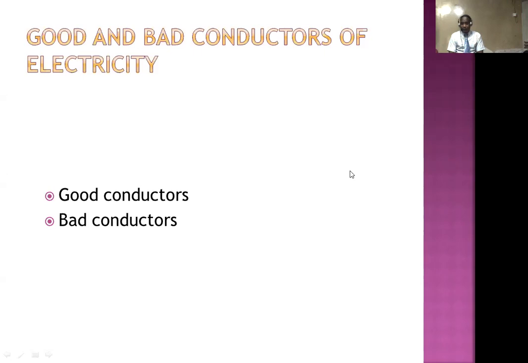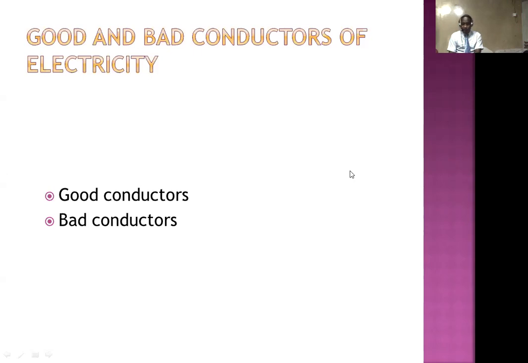Most of them are used as insulators, at contact switches, and the covering of wires to avoid electric shocks and short circuits. Examples of bad conductors of electricity include plastic, rubbers, wood, ordinary papers, and cloth.